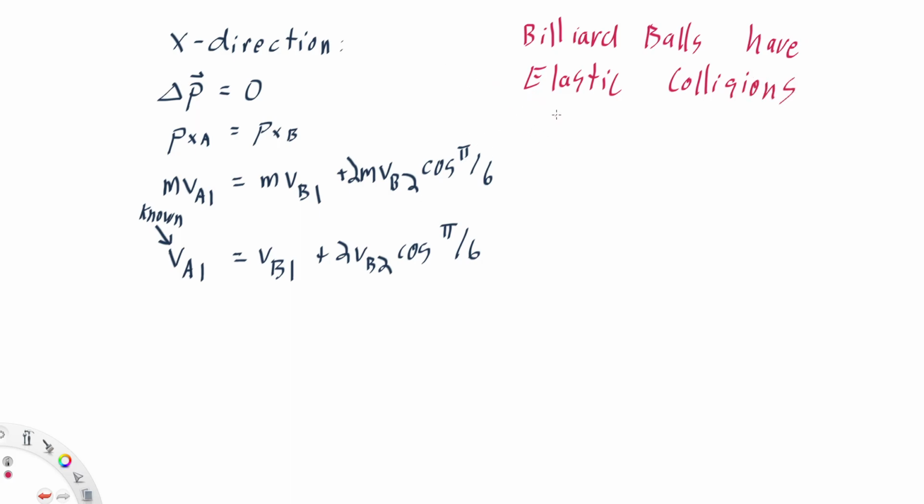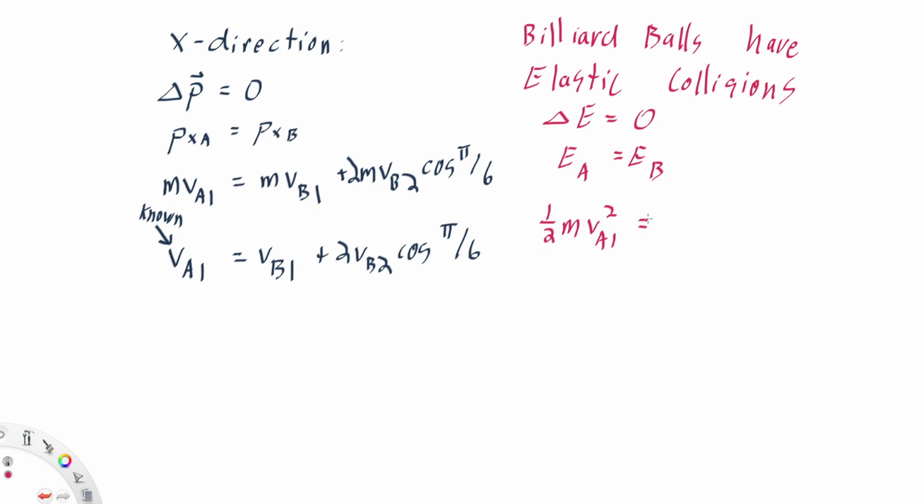Since they have elastic collisions, we have not just momentum conservation, but we have energy conservation from before to after the collision. So we can also write down what the energy prior to the collision and the energy after the collision has got to be. So before the collision, we have just the kinetic energy of the first ball, of the cue ball.